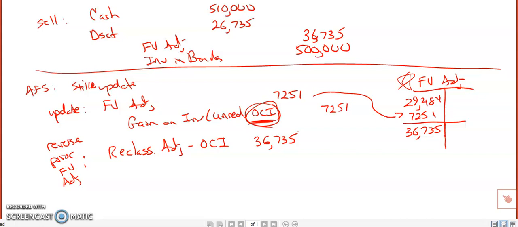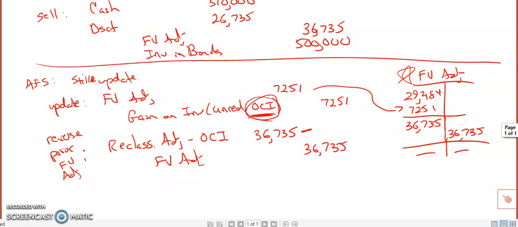I'm not going to write all that out, but the offside of that is the fair value adjustment, 36,735. Now look, this closes this account out. So that's now closed out, so we don't have to worry about that anymore. All right, we've taken things out. We've zeroed out what had been put into other comprehensive income.